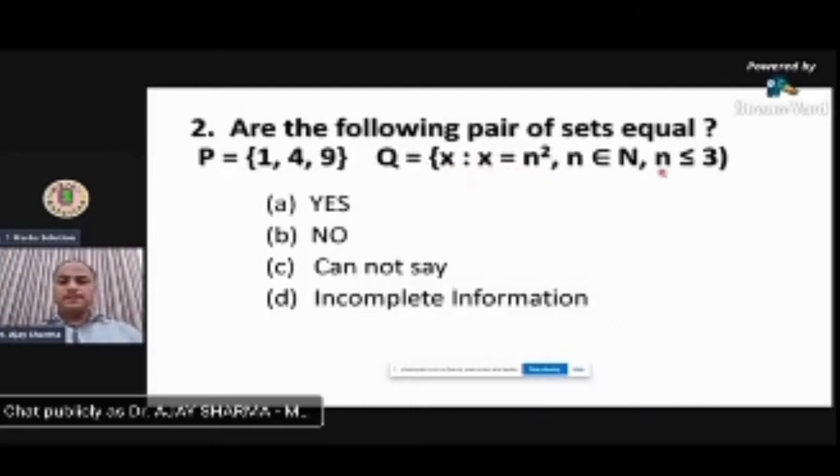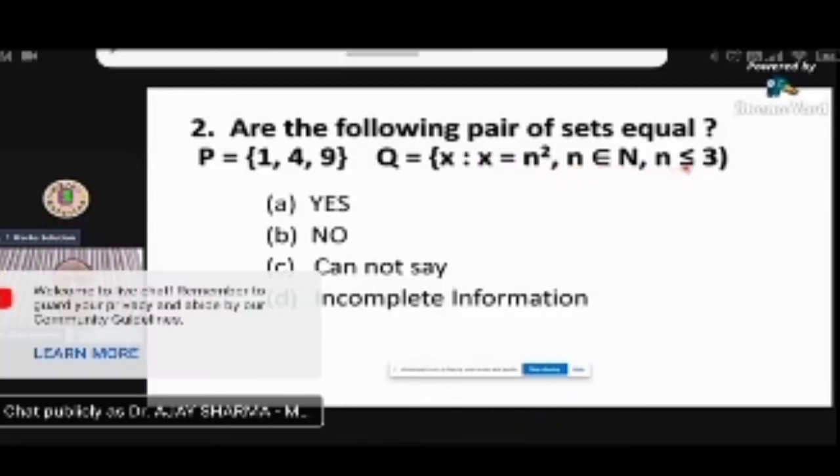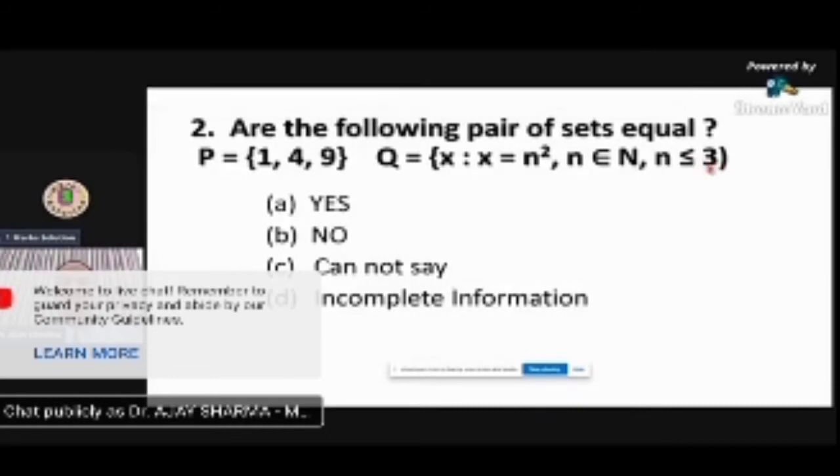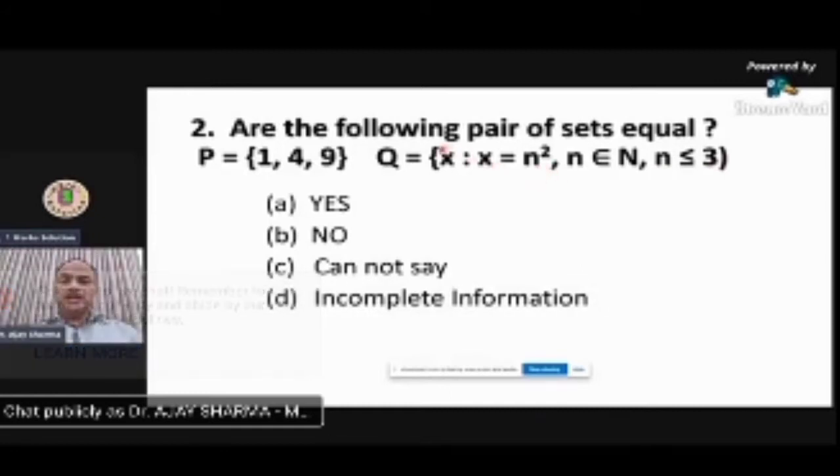So here we see that n is what? Natural numbers which are lesser than or equal to 3. So it means we have the numbers 1, 2 and 3. These are the three natural numbers which are lesser than or equal to 3. And here all those elements x which are squares of these, we have to write such elements.